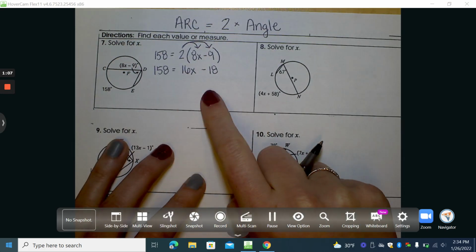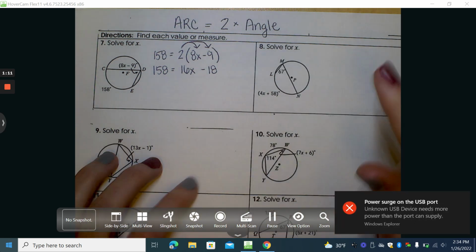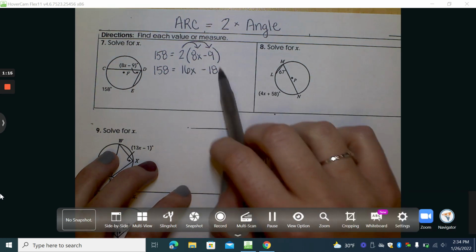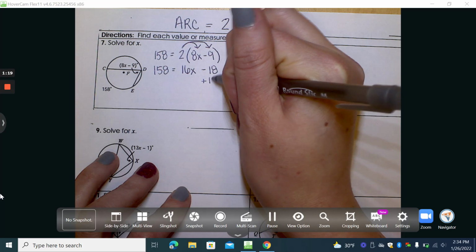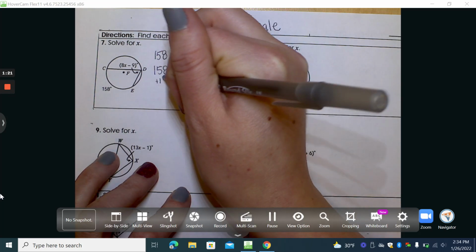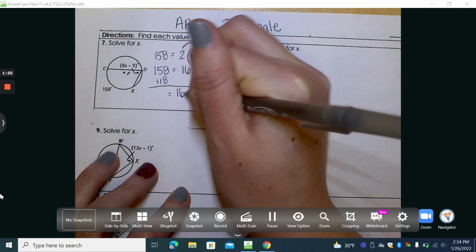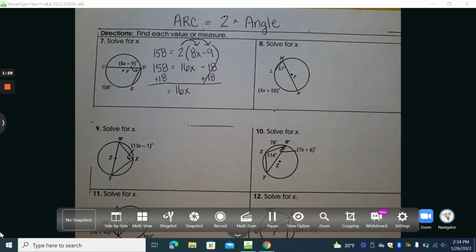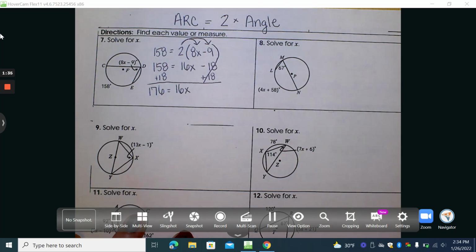And now I'm in a situation where I'm just doing 2 steps to solve. Adding and dividing, essentially, or subtracting and dividing tend to be our 2 steps over and over again. Since this is a minus 18, I want to do the opposite of that. I'm going to add 18 to both sides. And I'll get 16x by itself over here equals 158 plus 18, which is a total of 176.